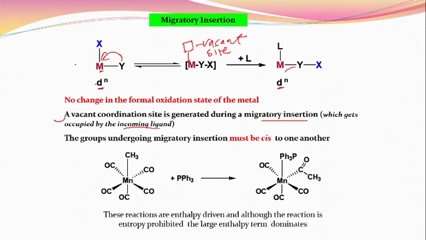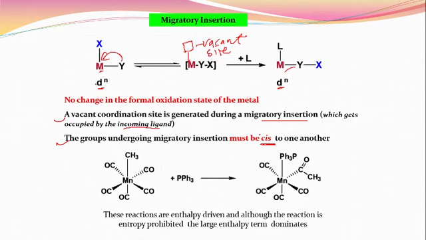Next condition: whenever a group undergoes migratory insertion, the two groups involved must be in a cis position to one another.